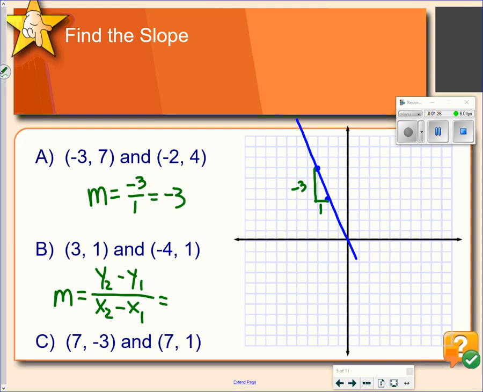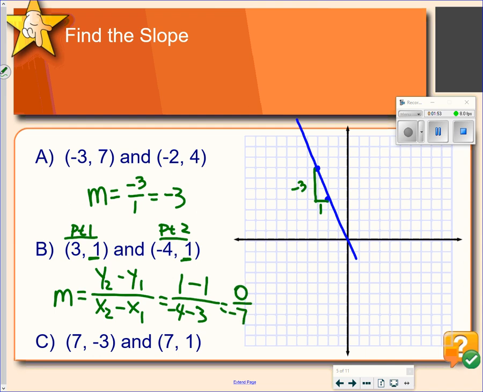So this is considered point 1, and this is point 2. So y2 would be this number 1 minus y1 is this other number 1. And then for the x values, x2 is -4 minus 3. So we end up with 0 over -7.